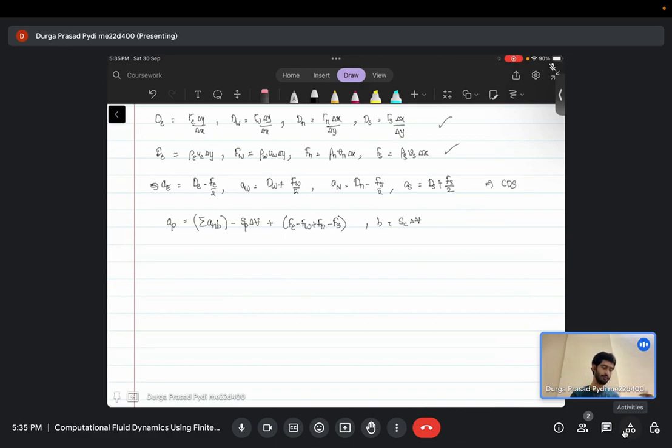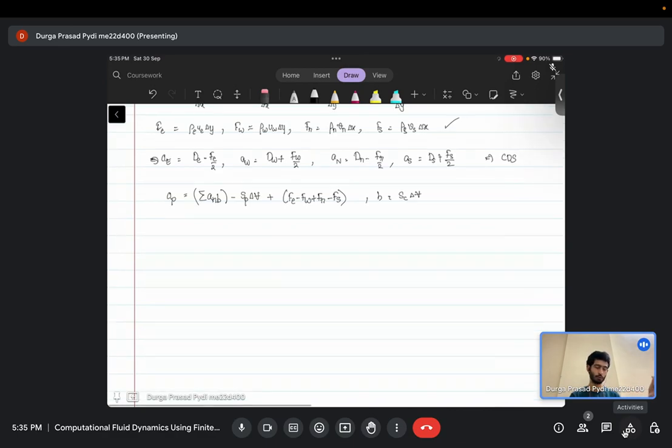Now say suppose you have to implement some of these boundary conditions. So the first boundary condition you will be dealing with is Dirichlet. Say you have a Dirichlet condition on the east boundary. So naturally, since it is on the east boundary, your A east should go to 0.